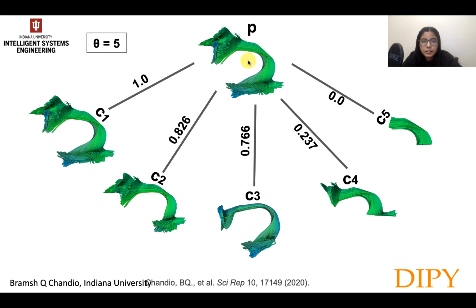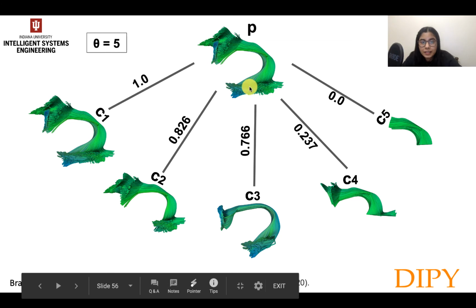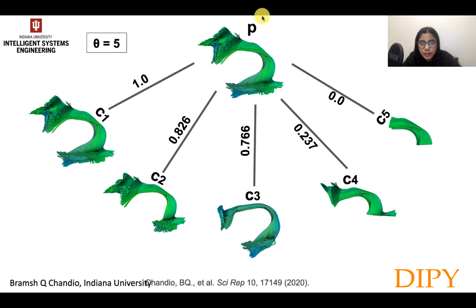And here, since there are a few streamlines that are not in here, or this is not exactly the same as its parent, we give it the bundle adjacency score, or shape similarity score, of 0.826.